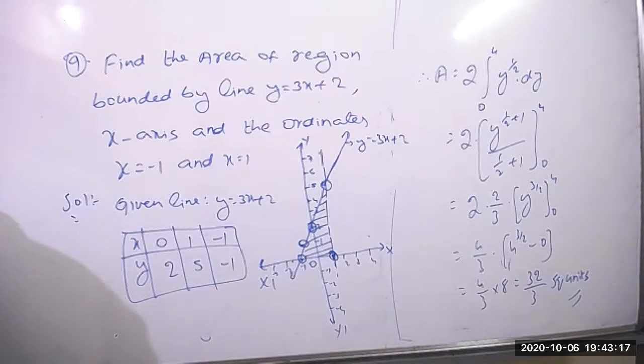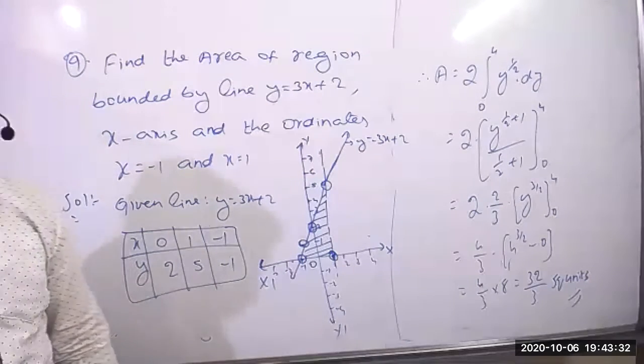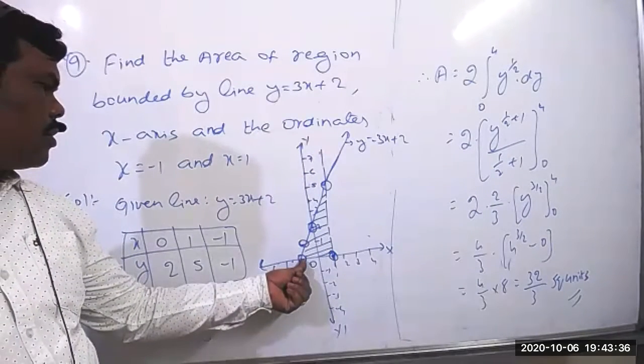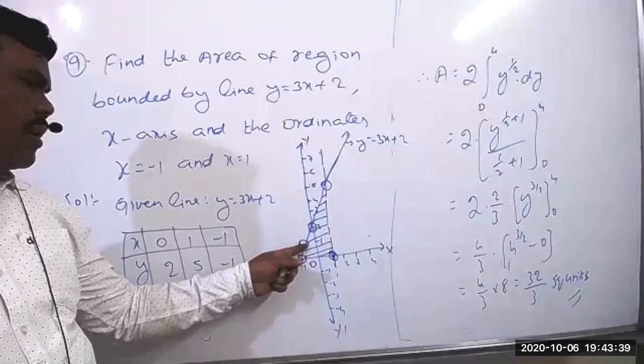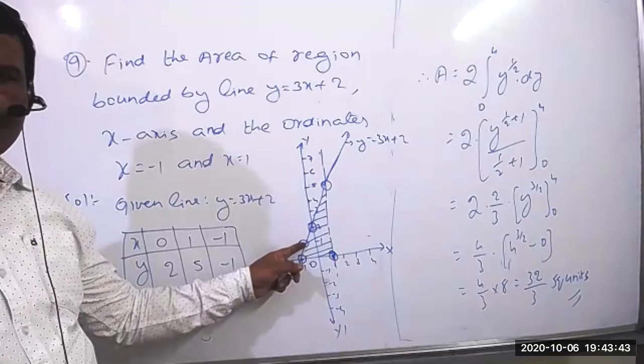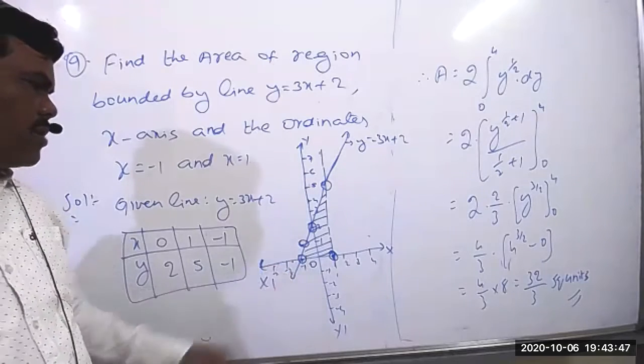Tell me the limits now. When x is minus 1, y is also minus 1. X equal to minus 1, y equal to minus 1, so that means we have to go down.